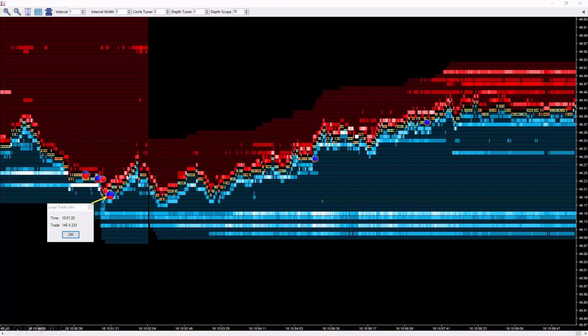So when we return to the area, it's only natural for sellers to feel a bit uncomfortable selling where other sellers just lost money. As we come down, we see a lack of willingness on behalf of the sellers to sell down through that area. And that's one of the reasons that intraday volume profiles, footprint charts, anything that shows you where a lot of volume occurred, is very significant.